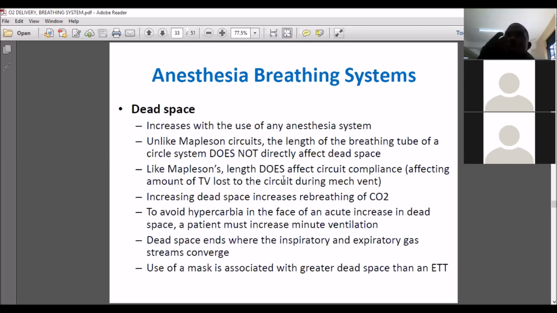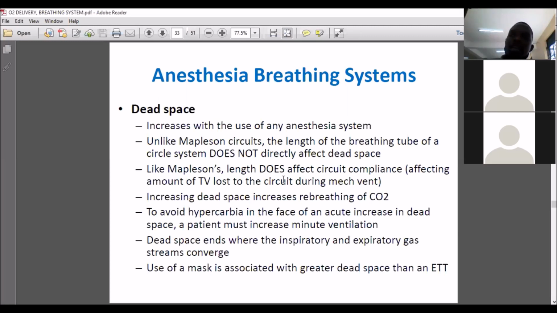Okay, consider dead space, from my mouth to my lungs. There is a part which does not carry out respiration. My trachea, my bronchioles, they don't carry out respiration, okay?